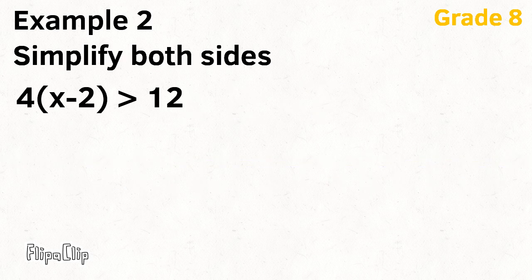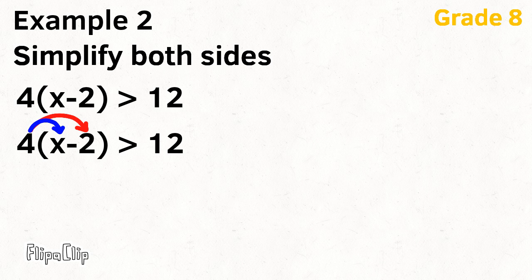So for the second example, we have 4 times the quantity x minus 2 is greater than 12. So the first step is to simplify both sides. As you can see, we can distribute 4 to x and negative 2. This gives us 4x minus 8 is greater than 12.